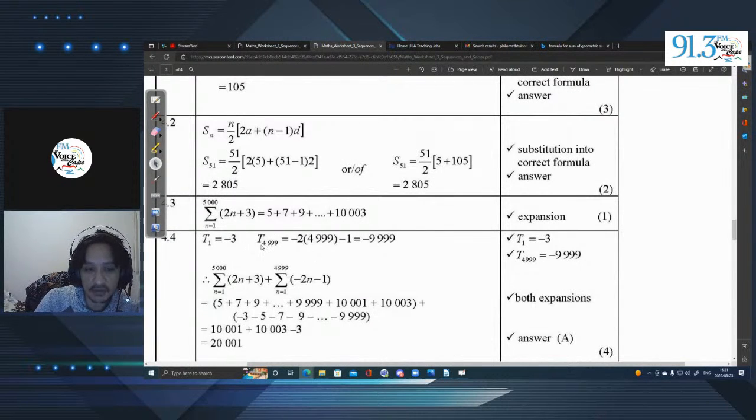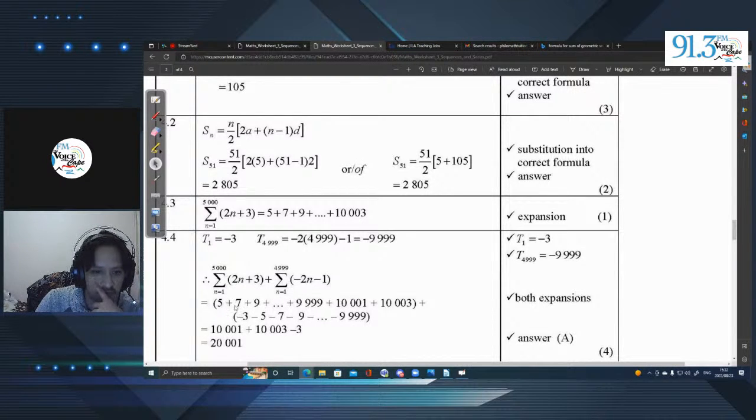Then they find the sum, then let's find the value of the 4,999th term. And they just substitute it into the exact same equation as this over here, and they get a value of negative 9,999. Then what do we do from there? Well, we then have to add these two together.